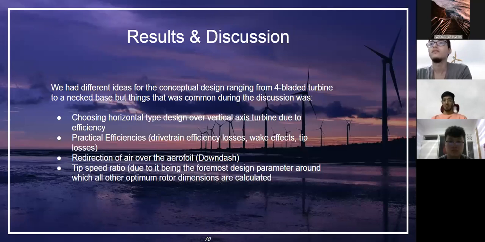So we discussed a lot. We had different conceptual designs, including a four-bladed turbine, which we'll talk about later, and other practical inefficiencies and the redirection of air over the aerofoil, and choosing which axis to use.